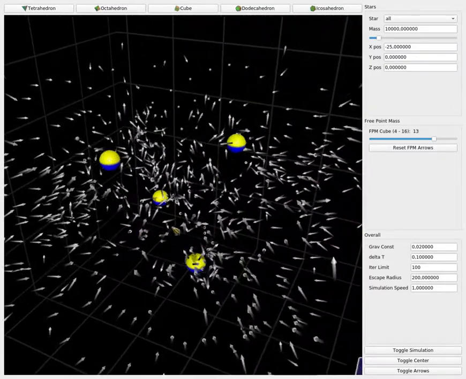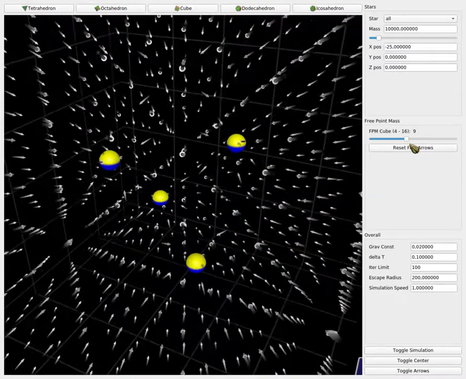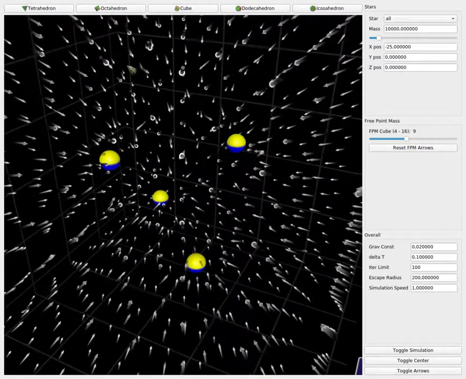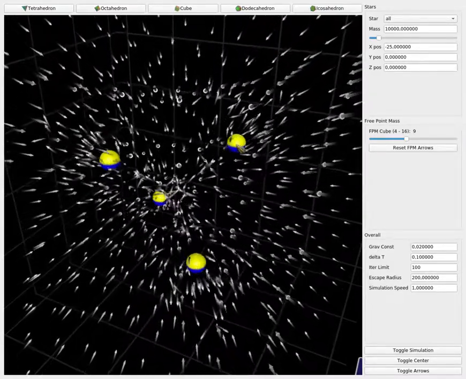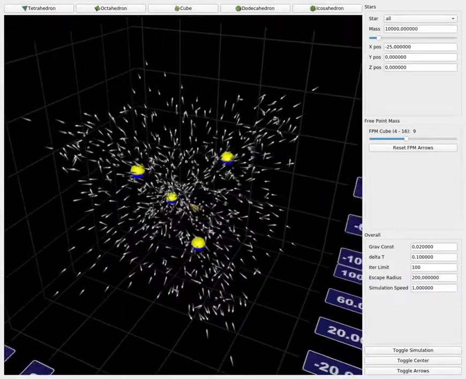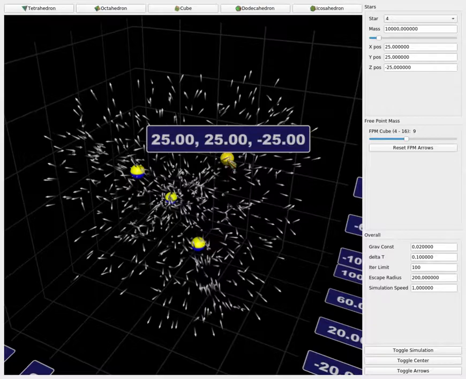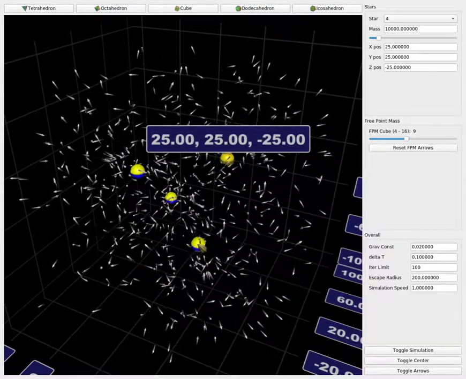Okay. And I'm going to change just a smaller. Now when I reset this, all the masses of the stars are reset to defaults. So now we have all positive mass stars, each one mass of 10,000.